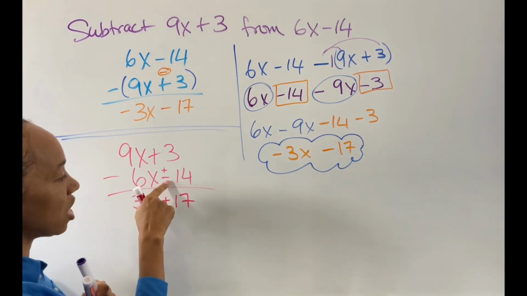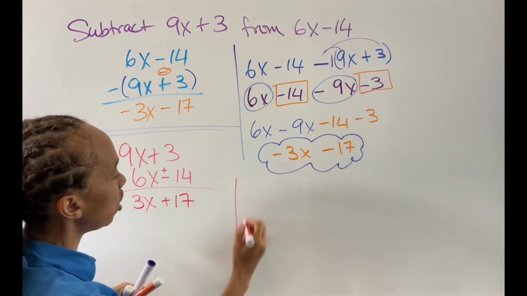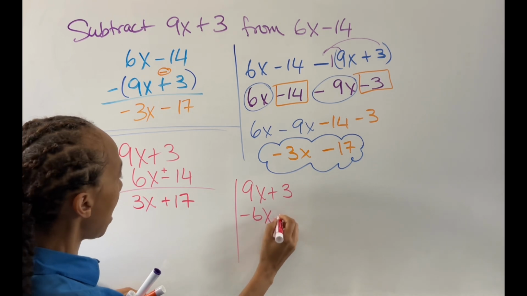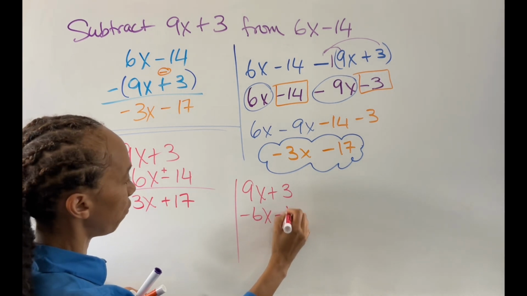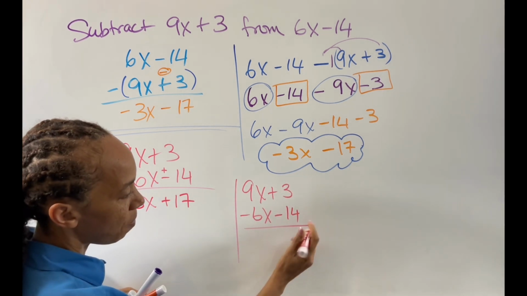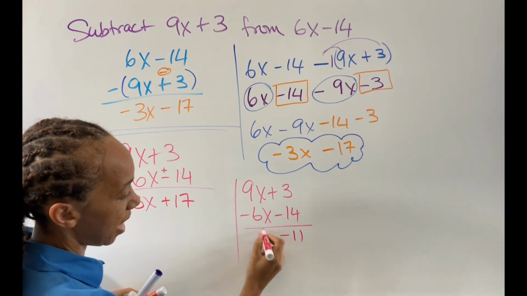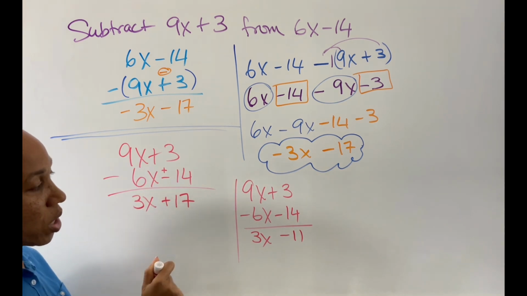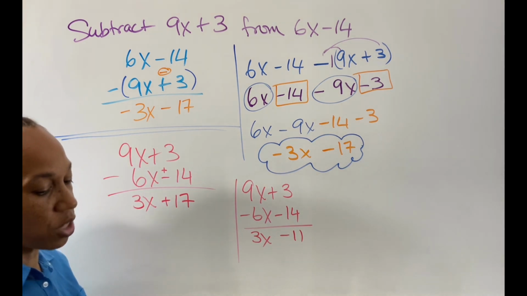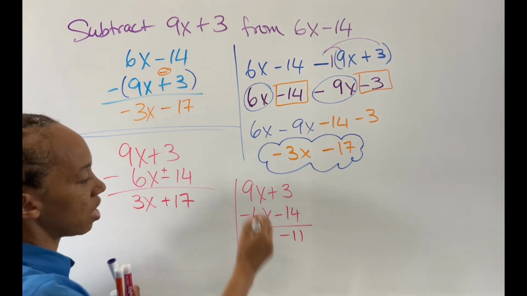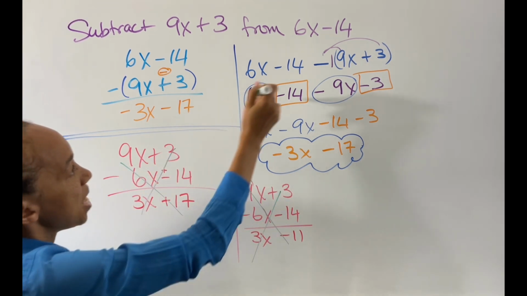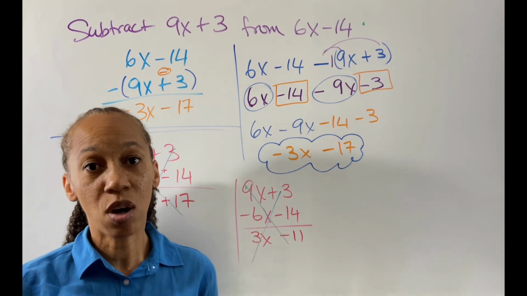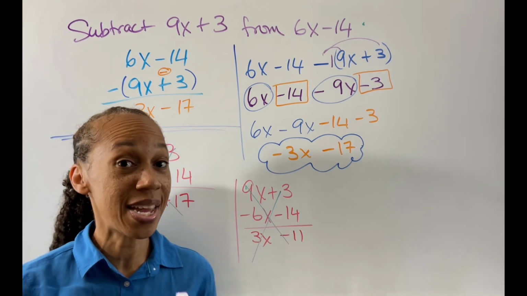Even if you didn't change your sign here and you did 9x plus 3 and you have your minus 6x minus 14, you will end up with negative 11, and then this is going to be 3x. You notice those are incorrect. So you cannot do that. Always be careful when you have problems like these that are given to you in word form, because that's where the catch is.